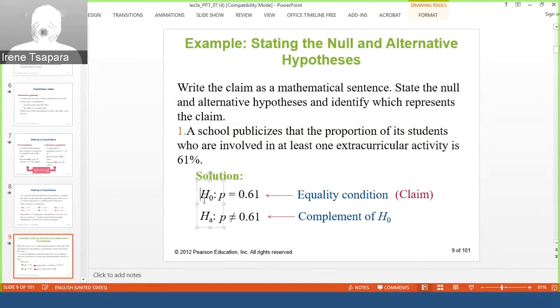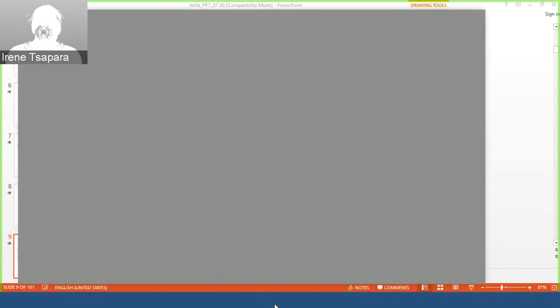So once you have the claim, you have either the H0 or the HA. In this case, the H0. Once you have the H0, then immediately you can create the complement statement, as Advaita said, mutually exclusive and collectively exhaustive.